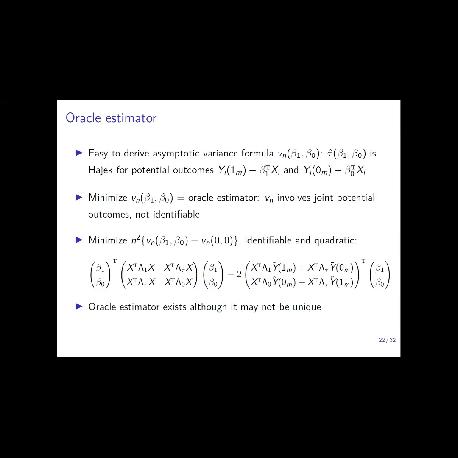You want to minimize V_n as a function of beta 1, beta 0, but you can minimize the difference, and the subtracted part has nothing to do with beta 1, beta 0. You can show this term can be written as this one. I think this is an interesting formula. It looks impossible, but after some simple algebra, you can show we can minimize this part. This part is trivial, it's quadratic. I'll assume everybody knows how to minimize a quadratic function.